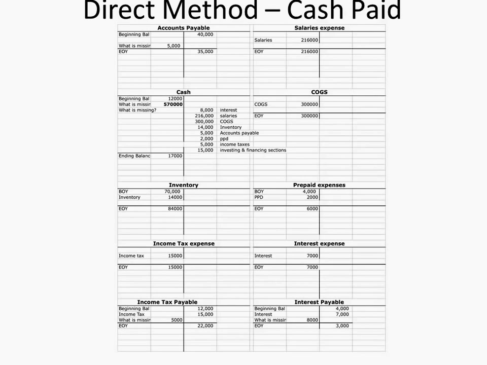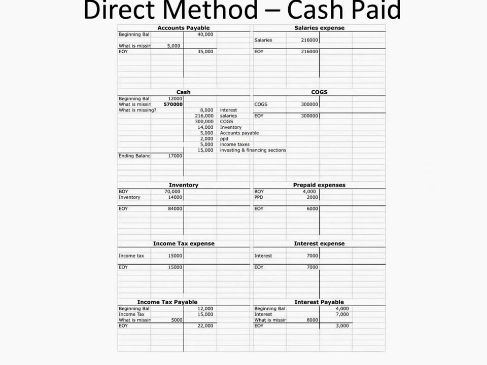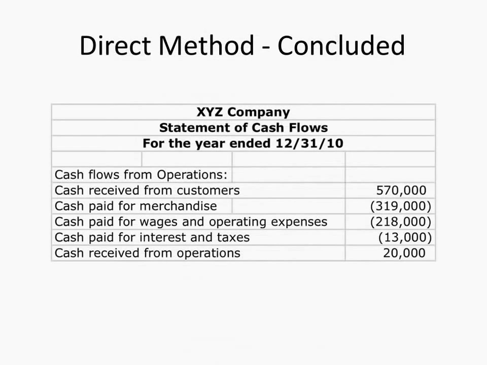What happened to inventory? It went up. And an increase in inventory has to be added. So if inventory went up by 14,000, your total cash paid is how much? 319 paid to suppliers. So if I scroll to the end, your cash paid is $319.